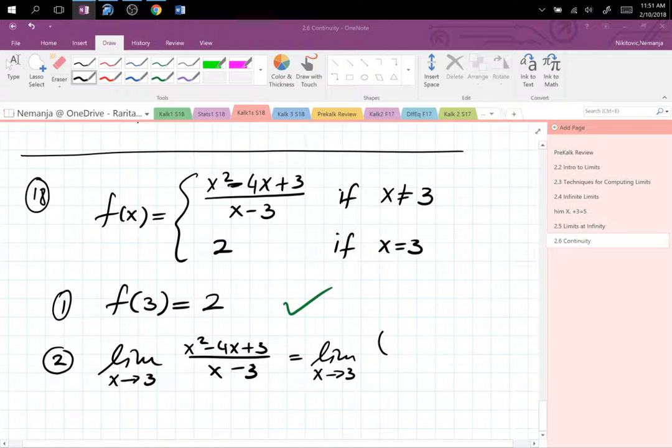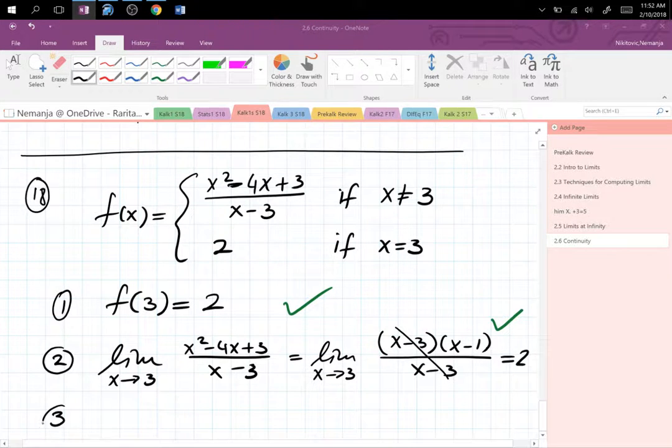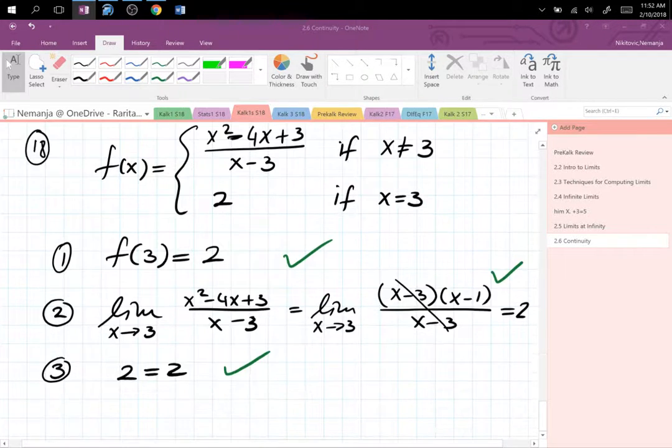What should I have? So what do I get? 2. All right, limit exists. Pass. How about 3? Ooh. All pass.